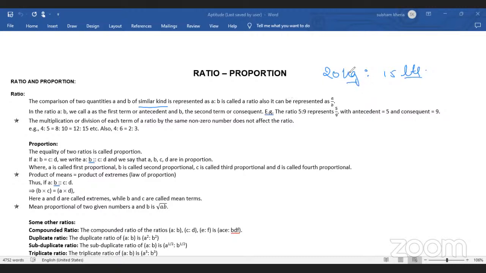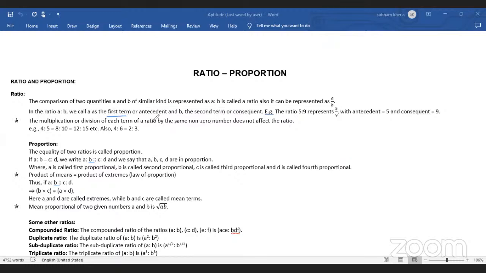This is measured in kg and this is measured in liters. So we cannot compare this ratio. This is a wrong notion. But if we write 20 kg is to 15 kg, or 20 liter is to 15 liter, then we can compare them. So the units must be the same for comparison of a ratio. Understood this point?